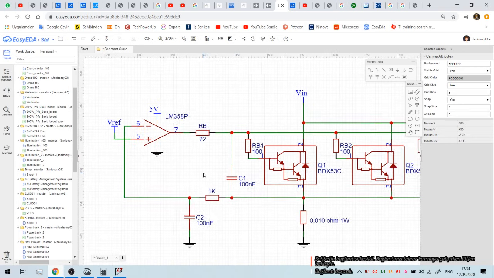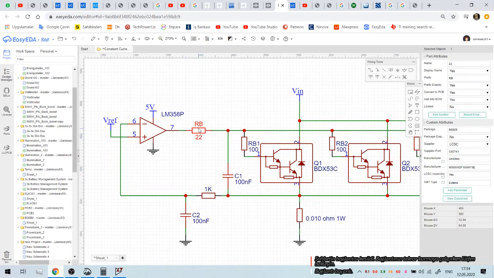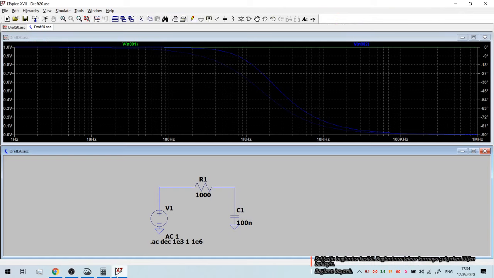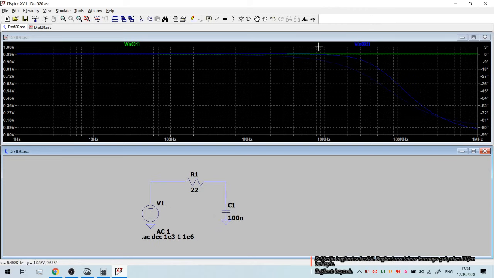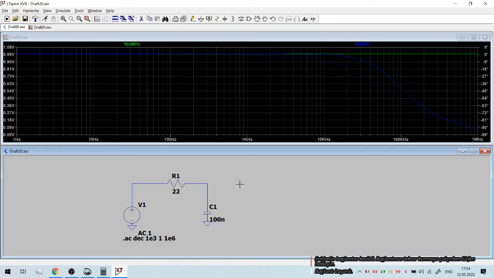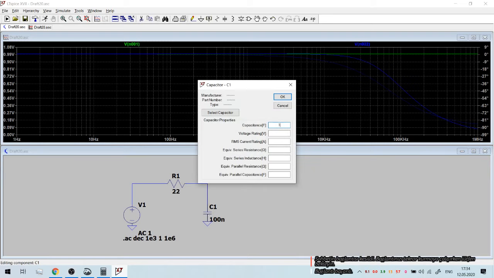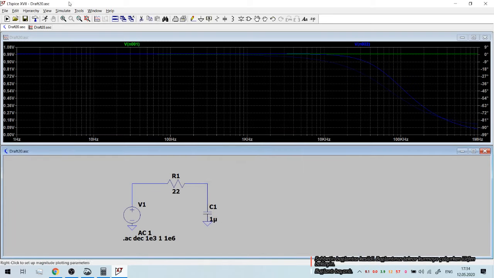Okay. Also, we can take a look at this 22 ohm resistor and 100 nanofarad. You can see it smooths only very high frequency ripple. Maybe we can increase this to 1 microfarad.